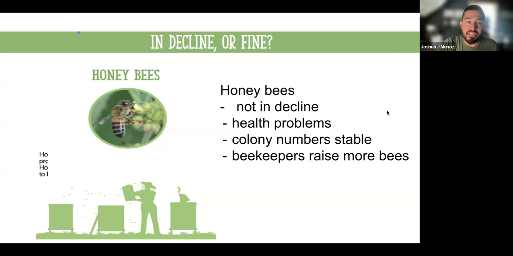I talked a little bit already about honeybees. Commercial honeybees are not in decline. Because of the whole splits process, they're able to recuperate their losses. They have a lot of health problems. My unit on commercial honeybees in my classroom is almost two to three weeks long, because it goes into reproduction, food security and pollination, and hives, structures and equipment, and then we usually end off with diseases, what research is out there, and what's coming up, because there are a lot of health problems on their way to the United States.